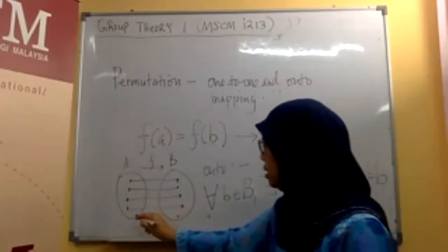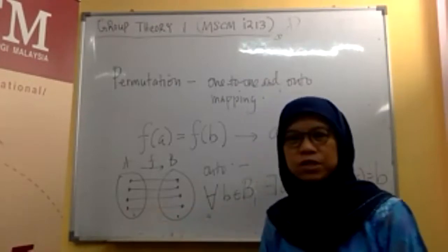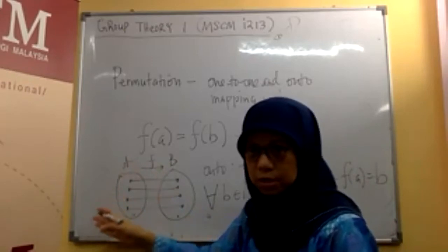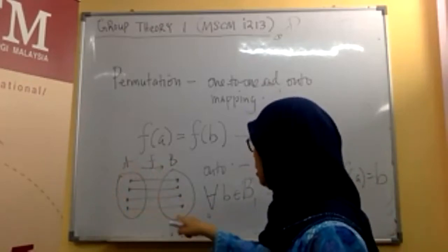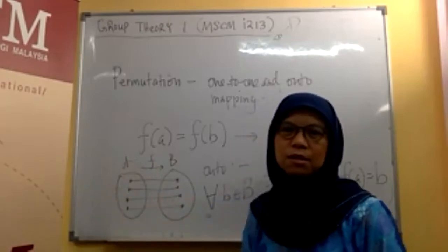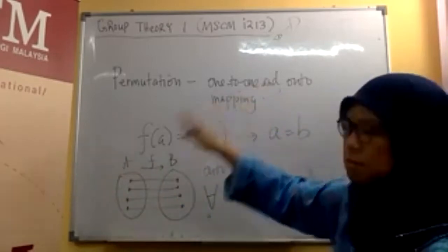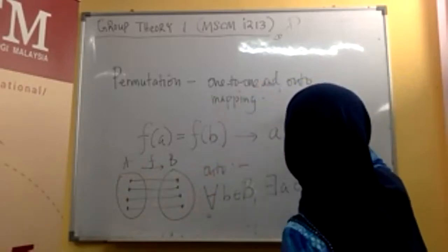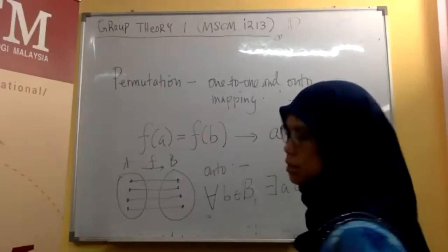If you have this here, it's not a function, because everyone in here has to have an image. And onto means everyone here has to have a pre-image. So by this, it has to have the same order. The set has to have the same order. That is the basic definition of permutation.